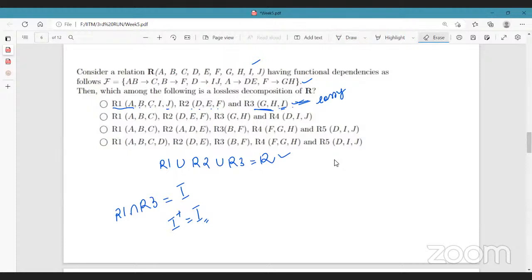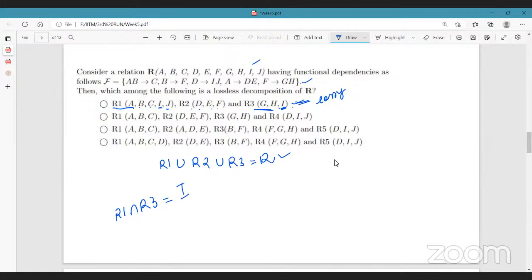Second also not being satisfied. The second option? The second rule also not being satisfied. Yeah, second rule, we are checking it for R1 and R3, right? Yeah. So there is a common attribute, that is I. So the second rule is being satisfied, it is not null.